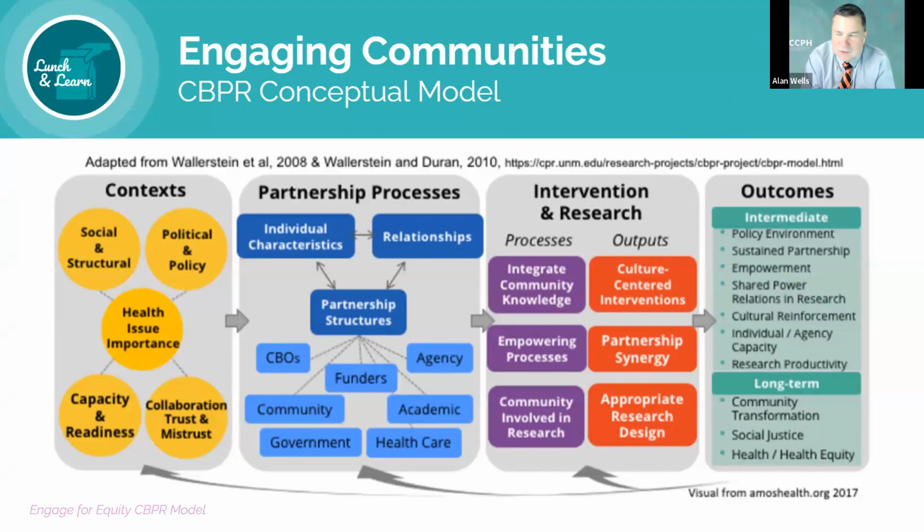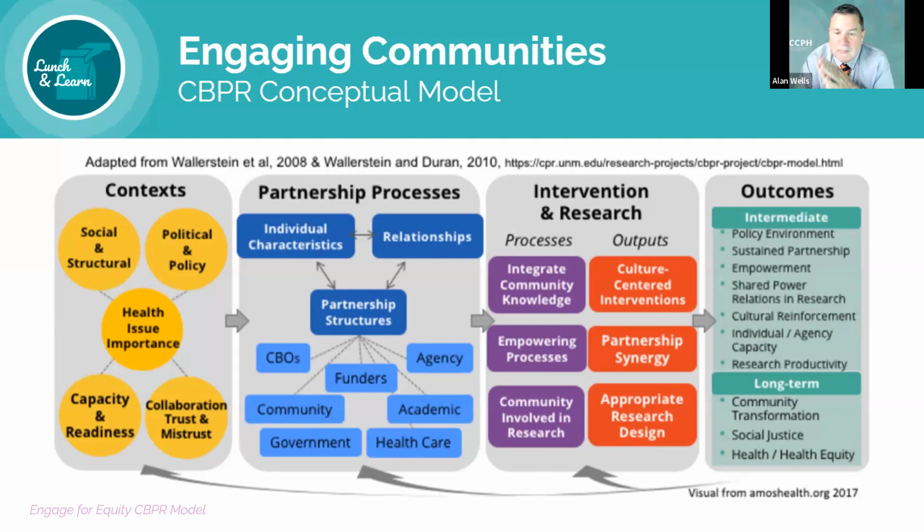Then you enter into the partnership processes, which is very important. You look at the partnership structures. What are the community advisory boards? What agencies are you working with? What is the mix? What is the leadership? And what are the relationships and characteristics within that will allow the group to collaborate successfully together?